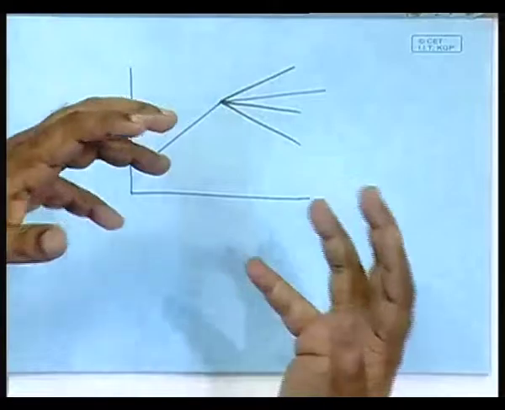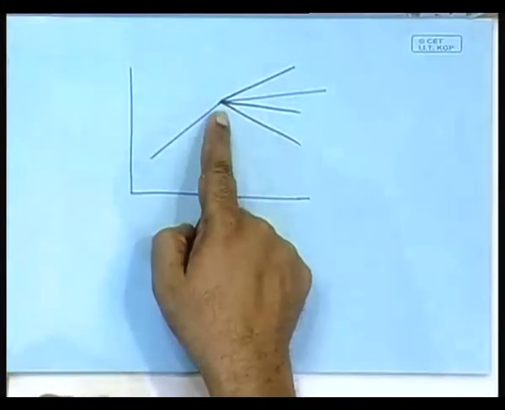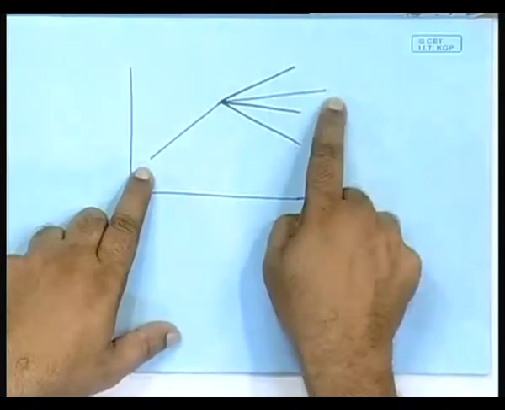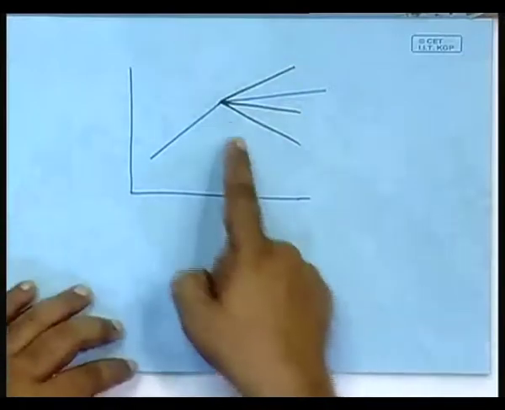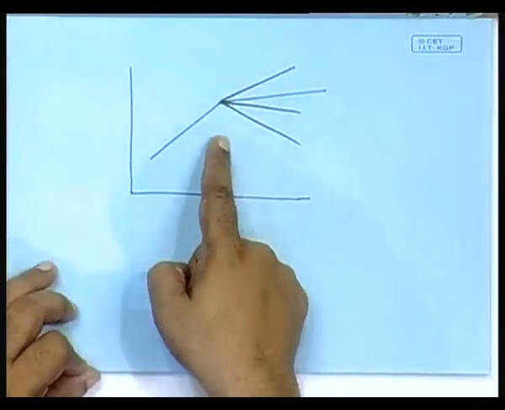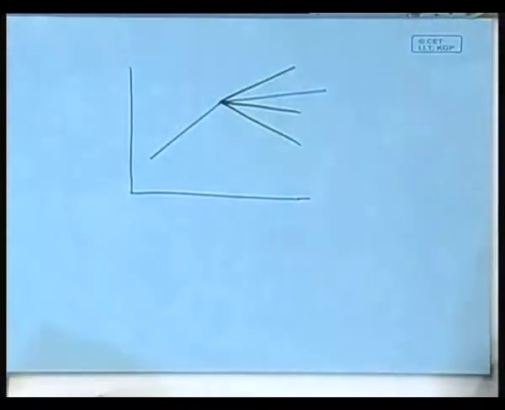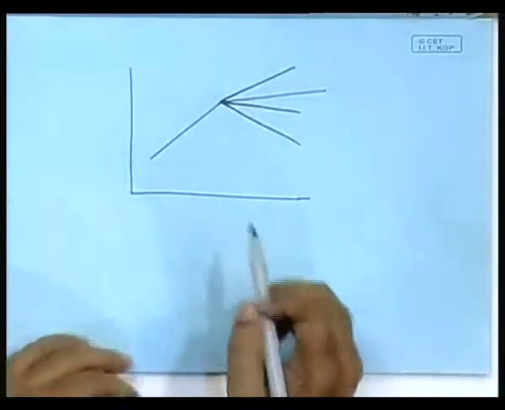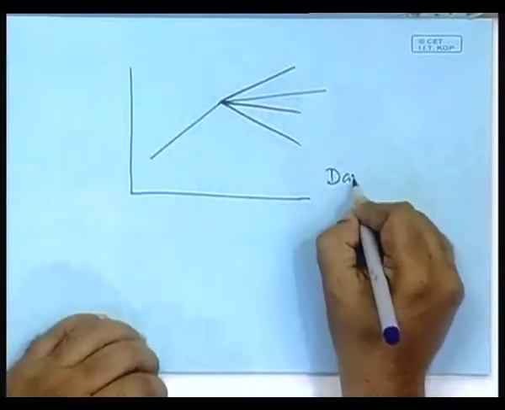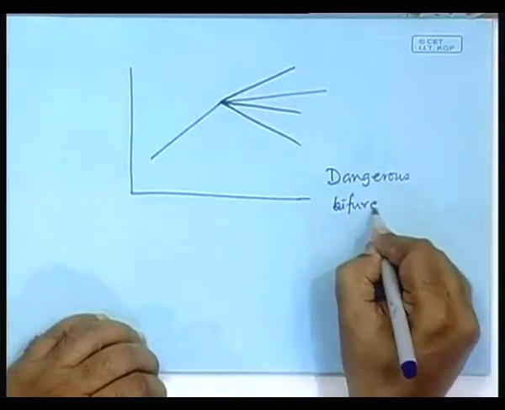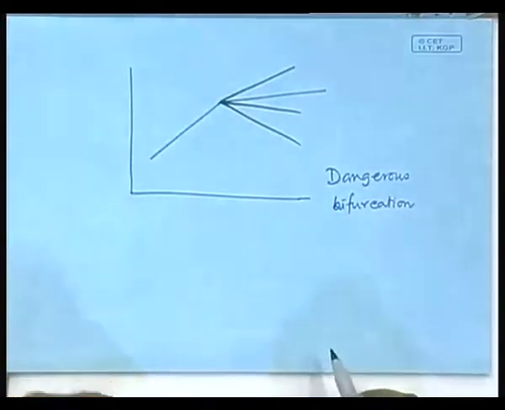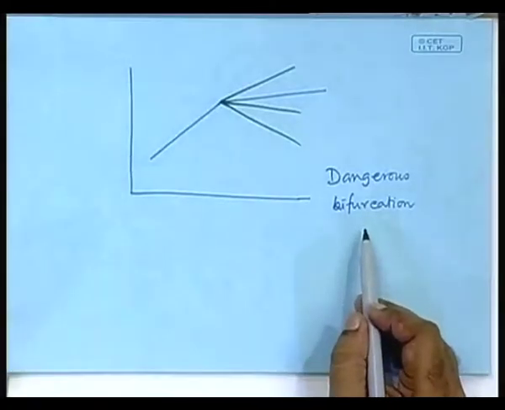That means, the region of the state space from which points are attracted to this attractor shrinks to 0 at the point of bifurcation. As a result, even though the fixed point remains stable, if you calculate the eigenvalues, it is stable, yet any initial condition will go to infinity at this bifurcation point. This situation has been called the situation of dangerous bifurcation, because there is no signal.